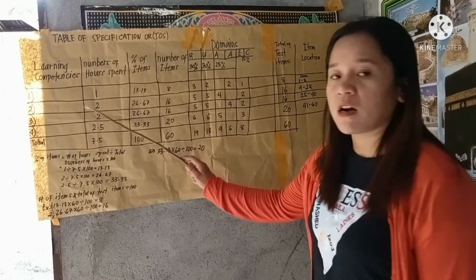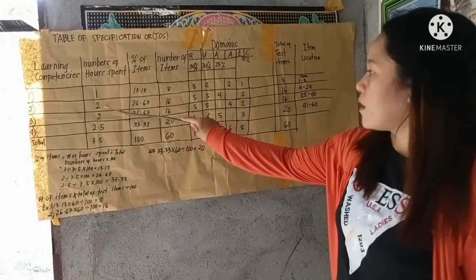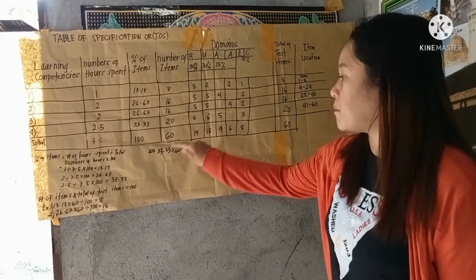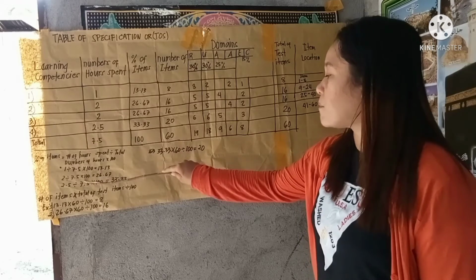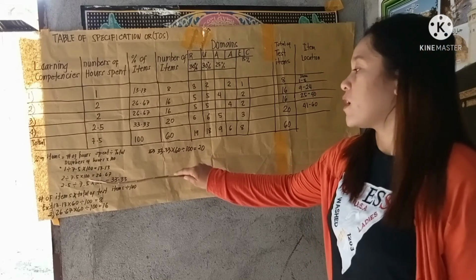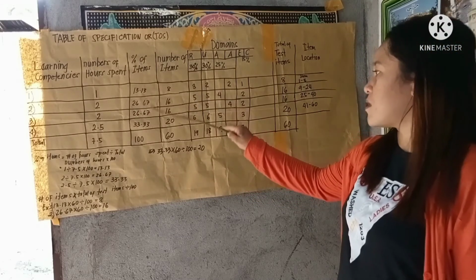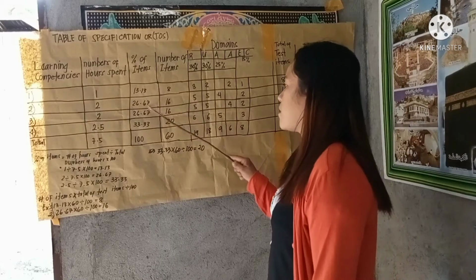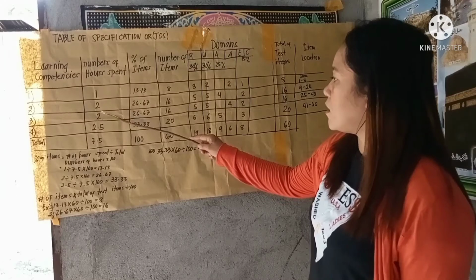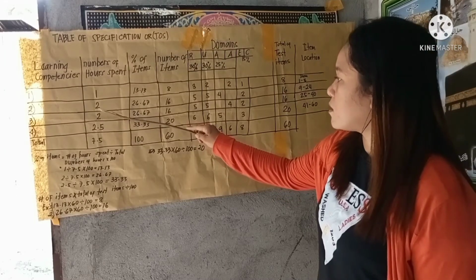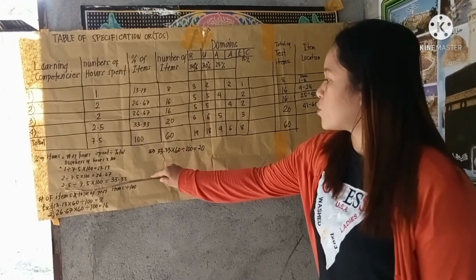Same process. For number 2, we divide by 7.5. 2 divided by 7.5 times 100 equals 26.67. So, the percent of items is 26.67. The same with number 3, 2.5.